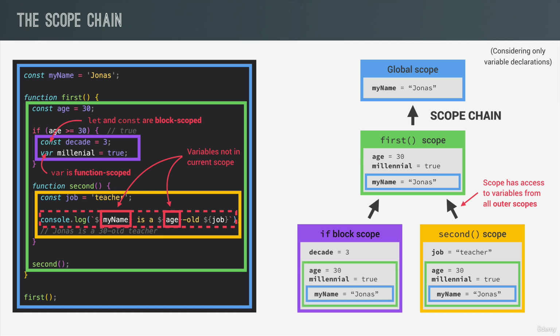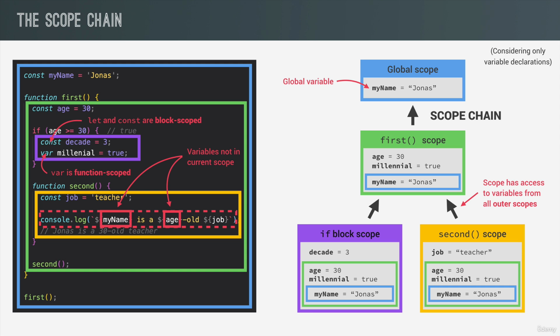So from the first function scope, and of course from the global scope. That's why I said in the last slide that variables in a global scope are accessible from everywhere. They are because they are always at the top of the scope chain. In fact, we call variables in the global scope global variables. Very creative, right? But we actually use this term a lot in JavaScript.